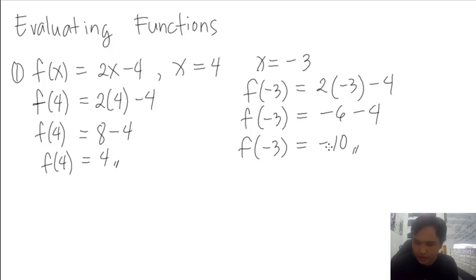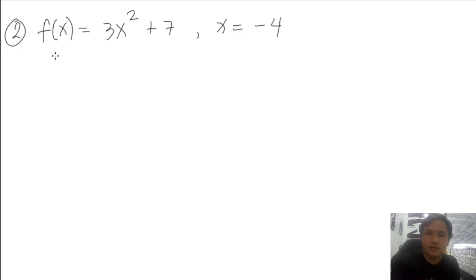Let's have more examples. Example number 2, meron tayong f of x equals 3x squared plus 7. And then, i-evaluate natin to sa x equals negative 4. So, we have negative 4 as the value of x. So, papalitan lahat natin ng negative 4 yung x.